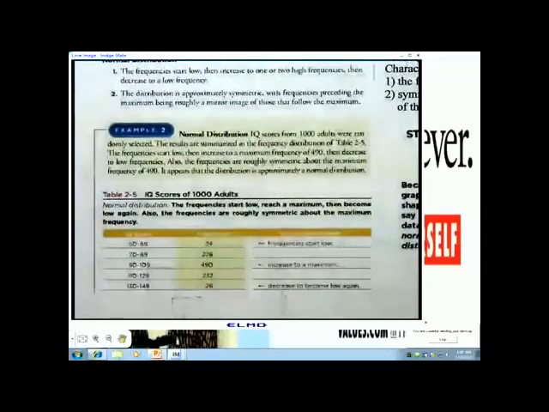IQ scores are normally distributed. Do you know what number on the Wechsler scale corresponds to an average or mean IQ? 100. 100 is average. Below 100 is below average. Above 100 is above average.